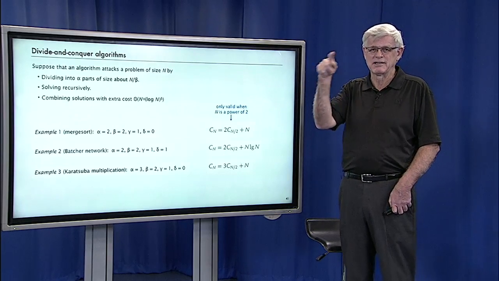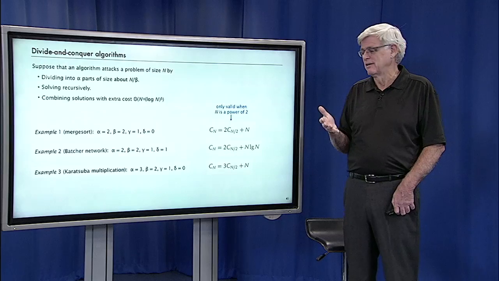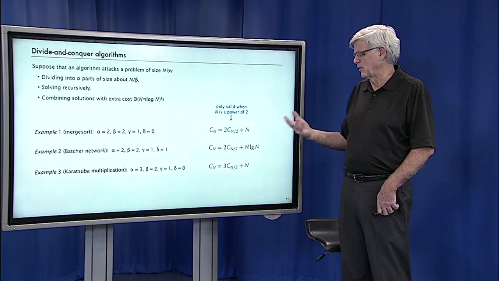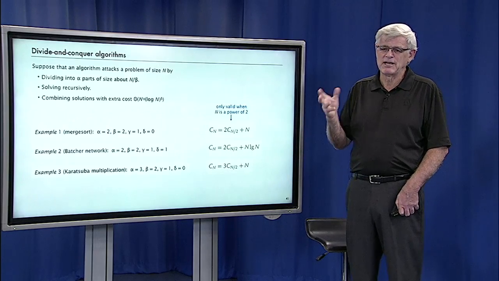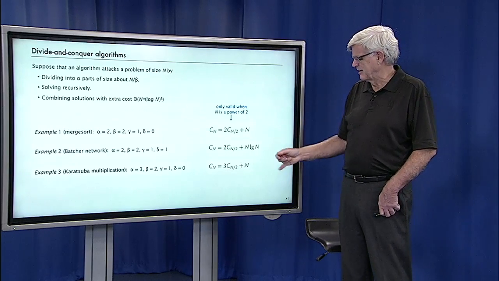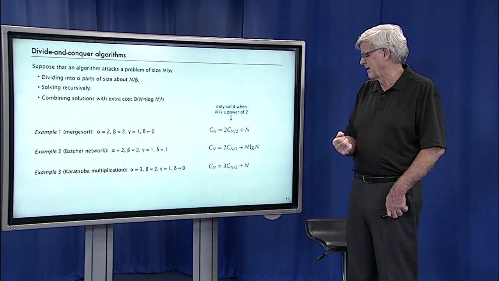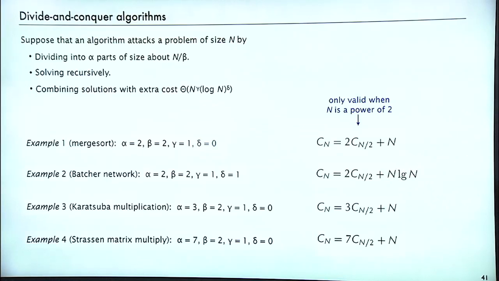You get a little n by n table of bits that's going to take time proportional to n squared. And then the Karatsuba multiplication algorithm came along, where they showed how to multiply n-bit integers by dividing into 3 problems of size n over 2. And then combining with an extra cost of n.